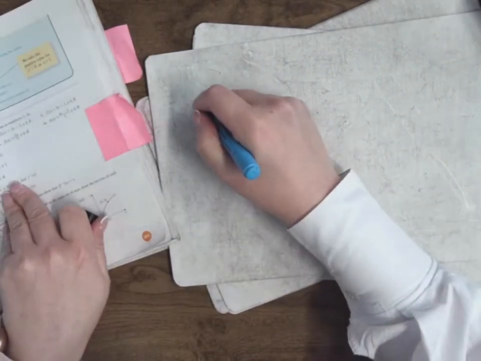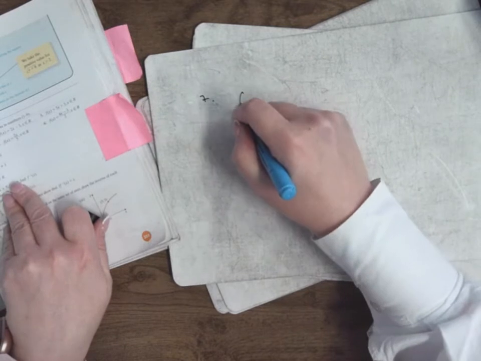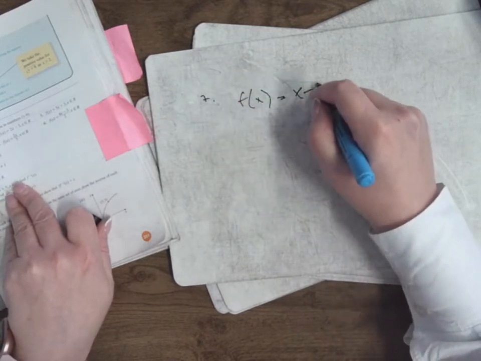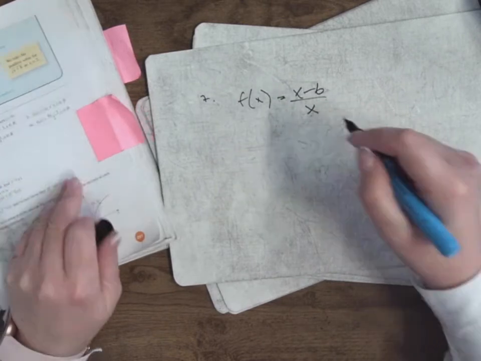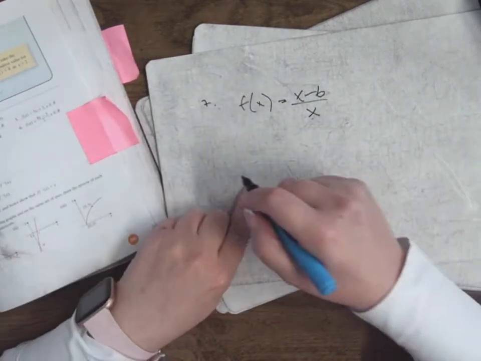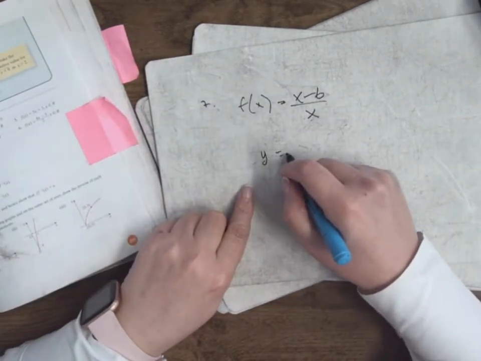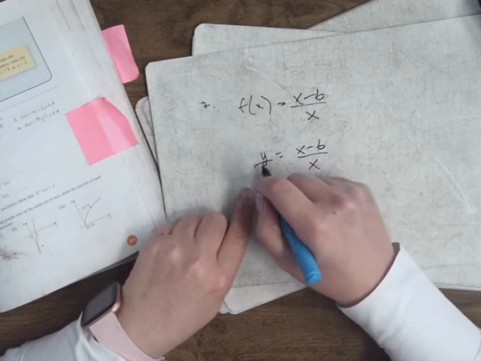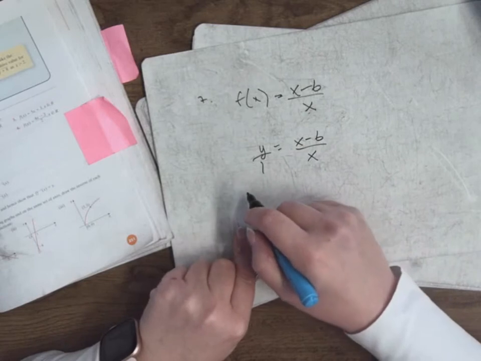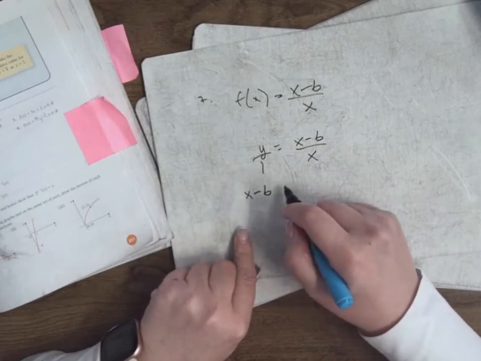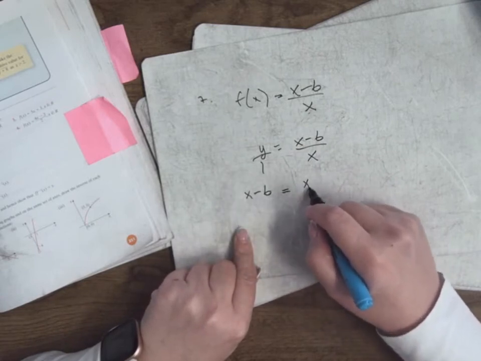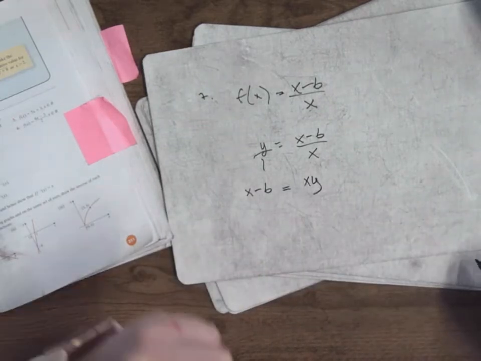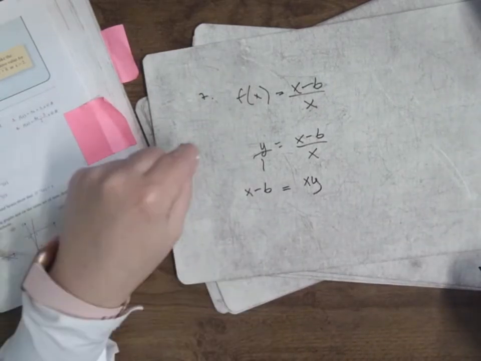Right, so 7 is f of x is equal to x minus 6 all over x. Find the inverse. You write that as y equals x minus 6 all over x. Cross multiply, so x minus 6 equals xy. I want to isolate the x, because I want x equals instead of y equals.